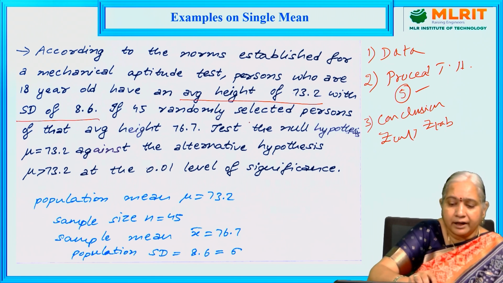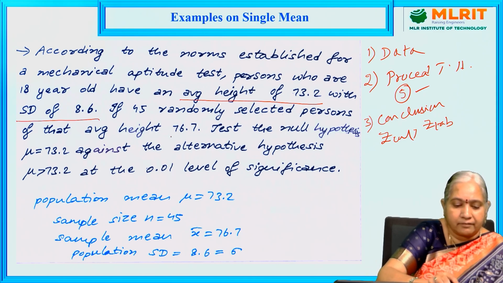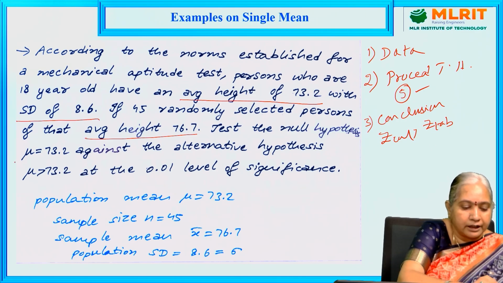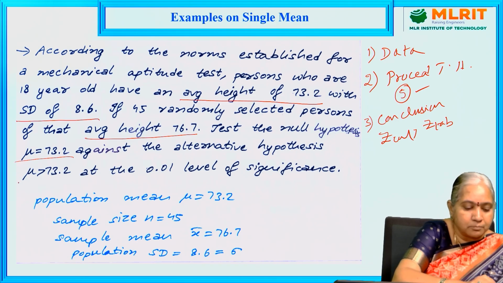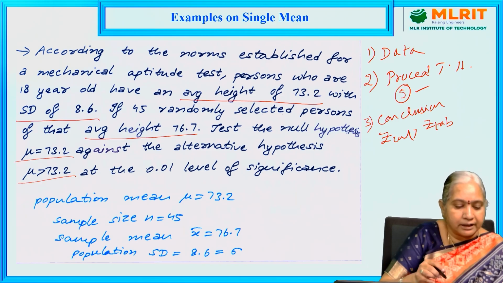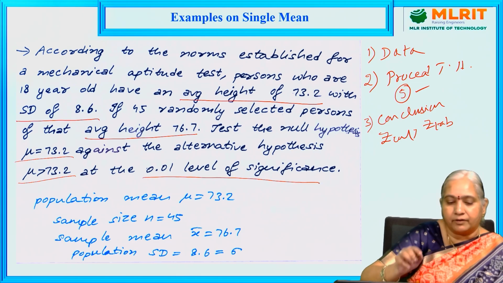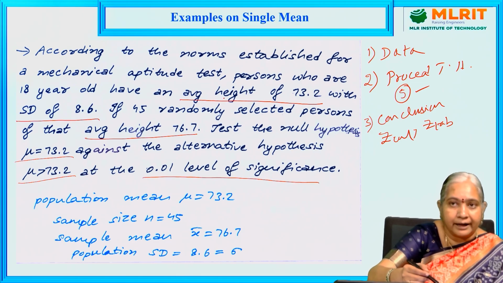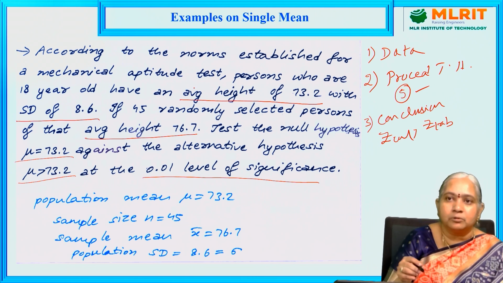If 45 randomly selected persons have an average height of 76.7, test the null hypothesis mu equal to 73.2 against the alternative hypothesis mu greater than 73.2 at a 0.01 level of significance. So these are the main data in the given question. Here average or mean, both are the same.